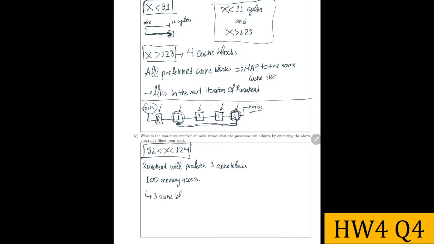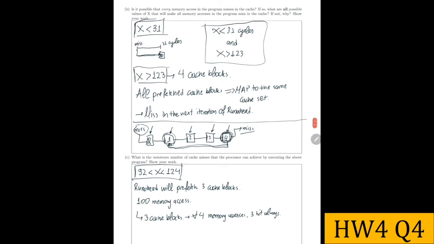This means that for every 4 memory accesses, 3 hit always. And we do not have the issue with trashing, as we explained here. We do not trash because we prefetch 1, 2, 3, and the one that was serviced, which can fit in the 4-way associative cache.